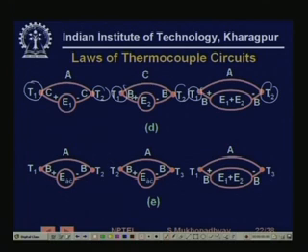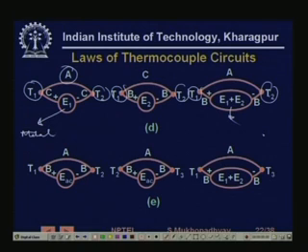When you connect C and B, you get E2. So it says that if you connect A and B, you will get E1 plus E2. This means that each metal's EMF can be calibrated with respect to a particular metal, and then we can make arbitrary combinations of these, and using this law find out the EMF generated. So that's a big advantage in standardization.